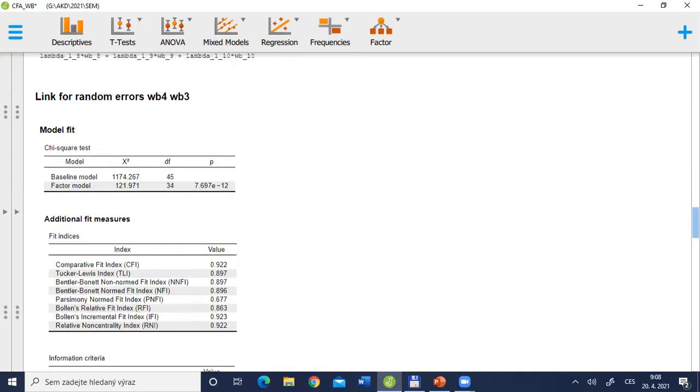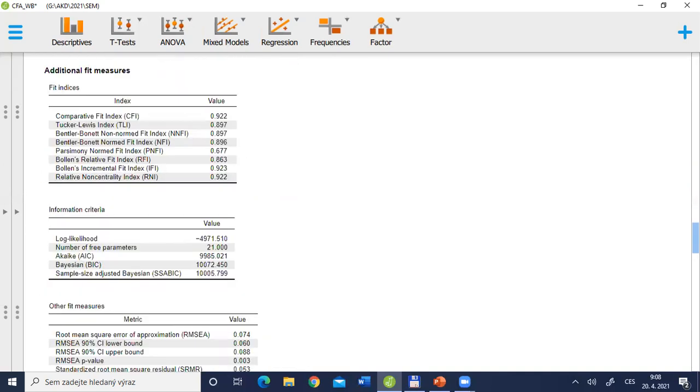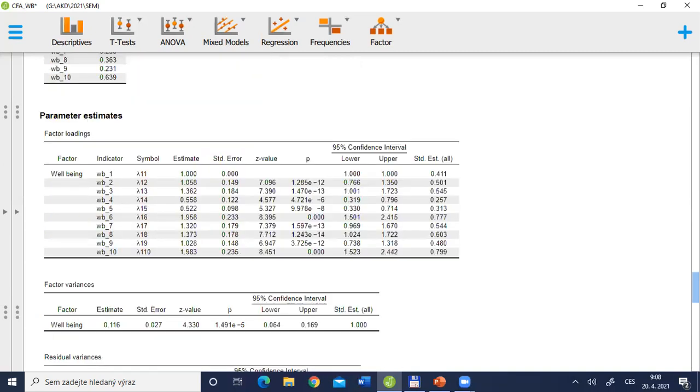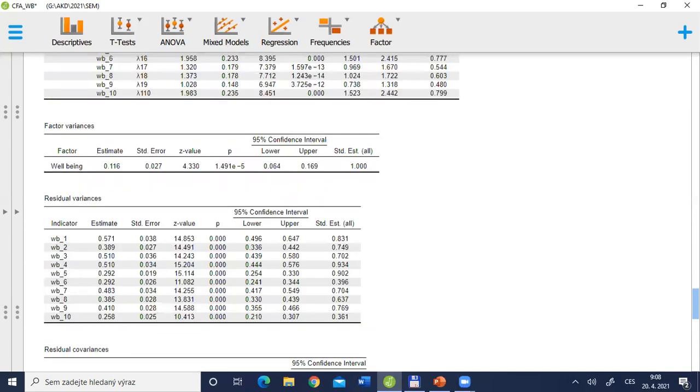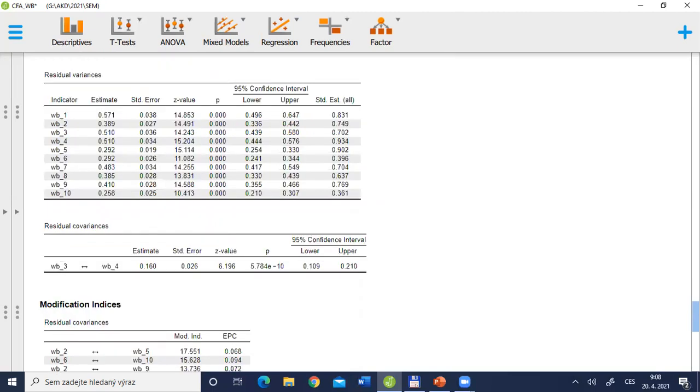And I can also go to our computations, and you can find here a new table called residual covariances, and this link for the random errors of items number 3 and 4 is present here. Here's the estimate, standard error, etc.